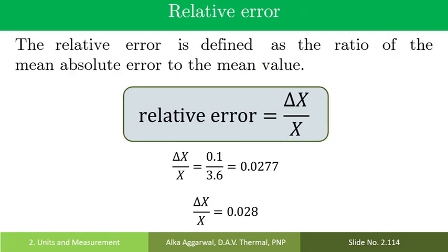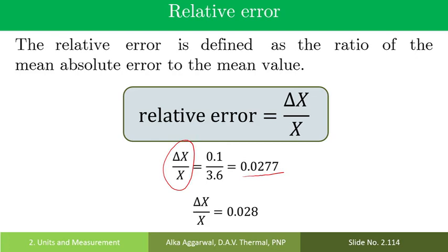The next type of error is the relative error. It is defined as the ratio of the mean absolute error to the mean value. The mean absolute error in the case of the pendulum is 0.1 and the mean value is 3.6. So the relative error is equal to 0.1 upon 3.6, which is equal to 0.0277.